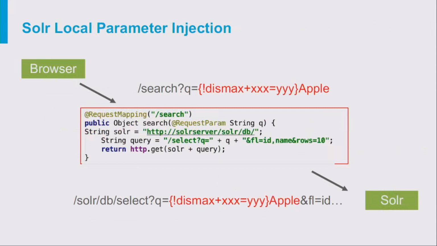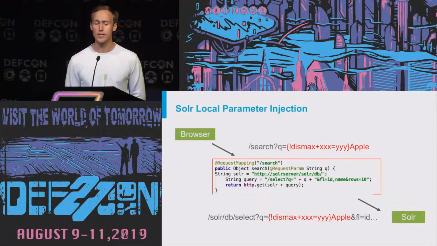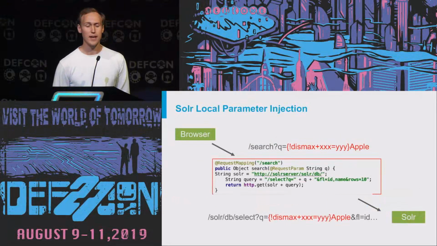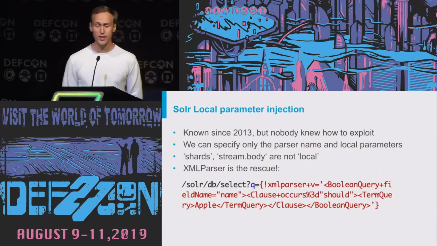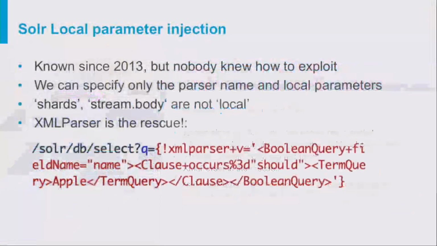But even if we cannot control additional parameters, even if we can control only one single q parameter, we still can use so-called local parameters in the braces, and we can specify the parser type here. This attack has actually been known since 2013, but nobody really knew how to exploit it.